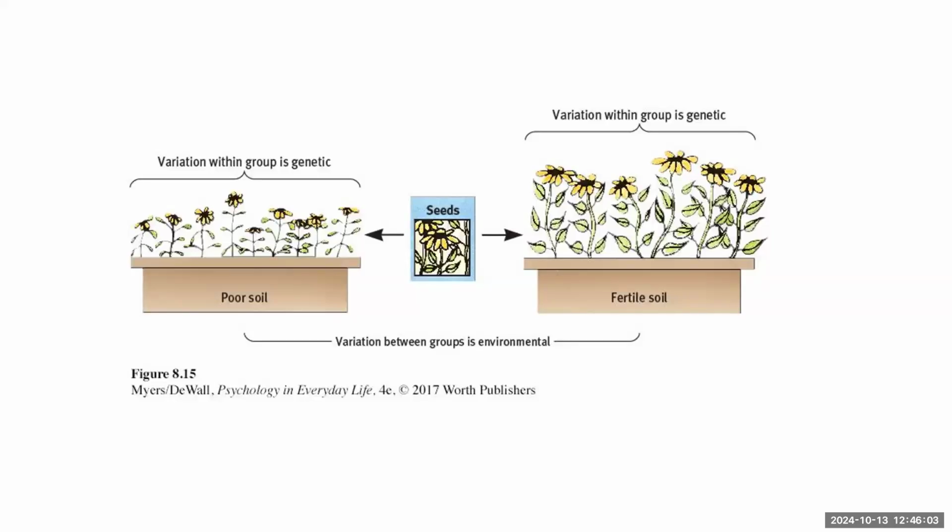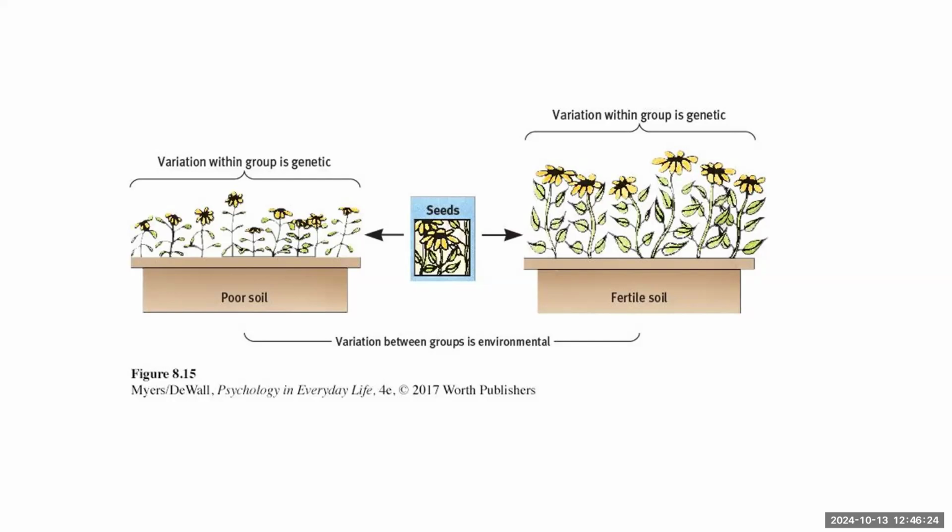Look at the pot that says poor soil. Those flowers are all different sizes. Some are really tall, some are really small. There's variability within that group. If we look at the fertile soil pot, there's also variability within that group, where some are really tall and some are really small. That is within group variation.